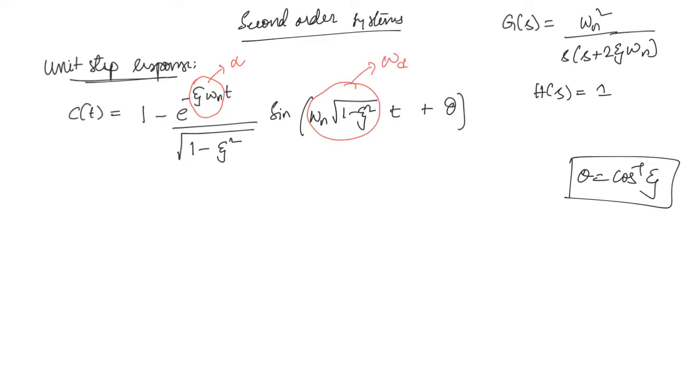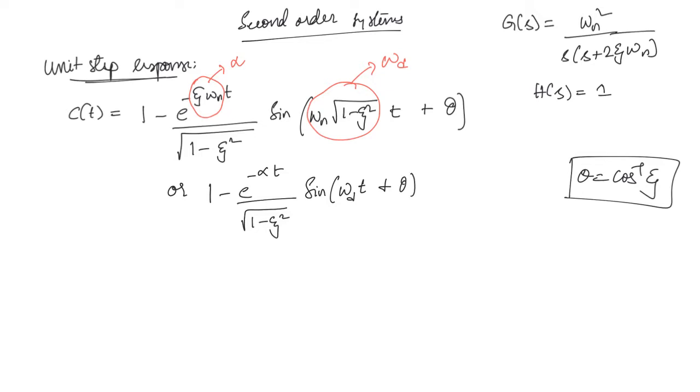So we can also write the unit step response like this: 1 minus e to the power minus alpha t divided by root over 1 minus zeta square into sine omega d t plus theta.